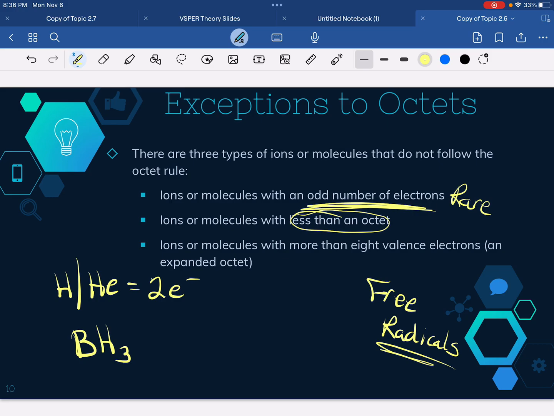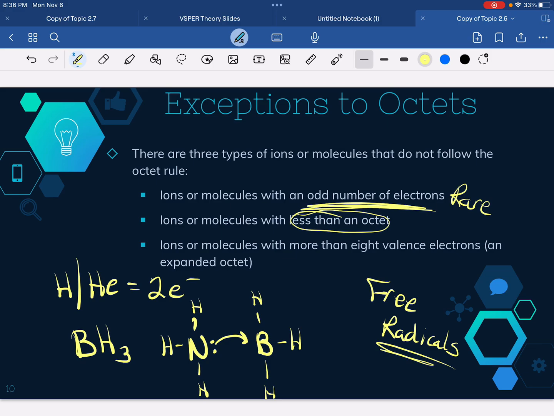So because it has less than an octet, and then something like nitrogen has an extra set of electrons, then boron, when it has less, can actually make a bond with that, okay? And so things like BH3 usually end up making some sort of Lewis acid base pair or a complex ion.